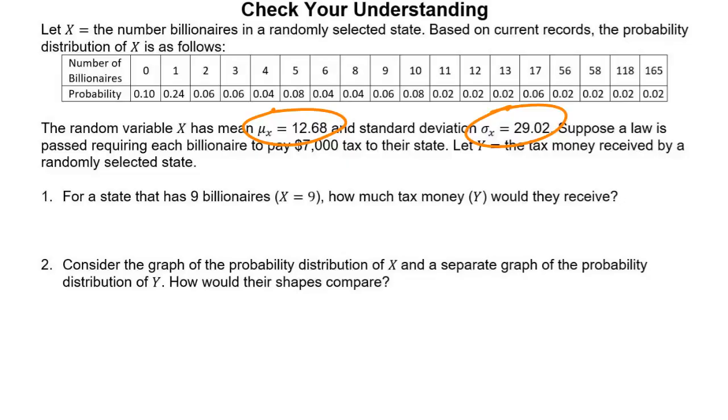Suppose that there was a new national law passed that requires each billionaire to pay a $7,000 tax to their state. We're going to let y equal the tax money received by a randomly selected state. So if a state has 9 billionaires in it, how much tax money are they going to get?